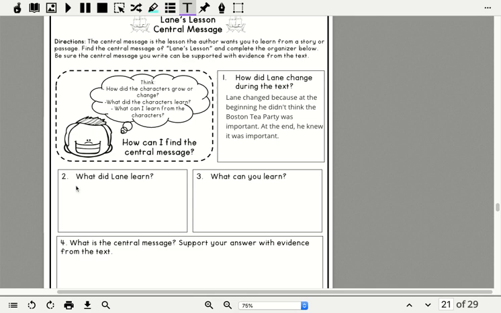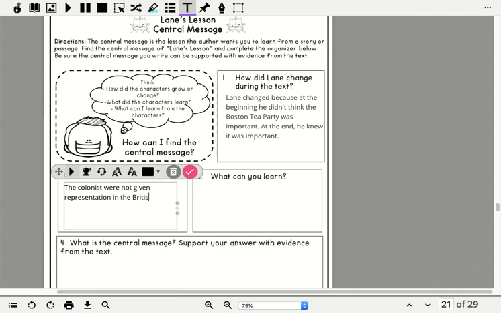So what did he learn? Well, for this one, I'm definitely going back in the text just to double check everything in here. One of the things Lane says is, why didn't they just speak up when the government made the taxes? So Lane learned that the colonists were not given representation in the British government.